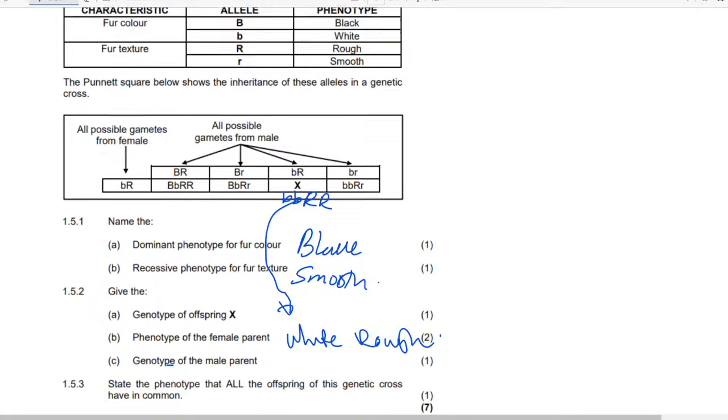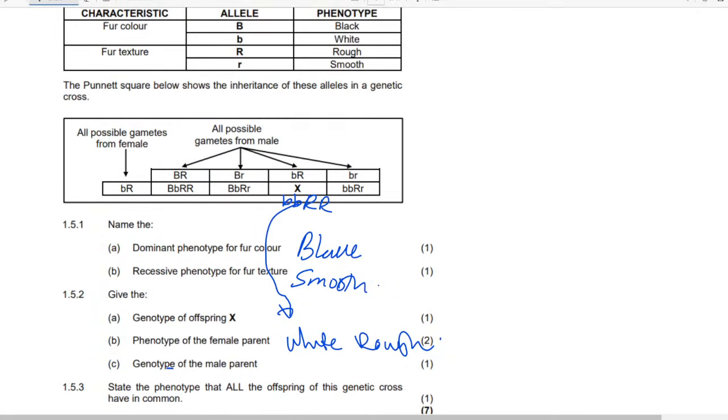As I taught you, what you do is you come here and say capital B, you don't repeat it. Capital B, small b, and then capital R. You don't repeat capital B, but you have a small b here, so put a small b. Then for capital R, you look for a small r, so small r. So that is going to be the genotype of that individual.